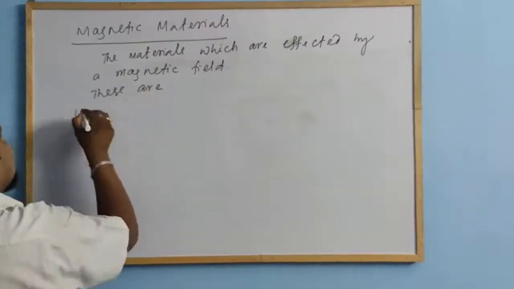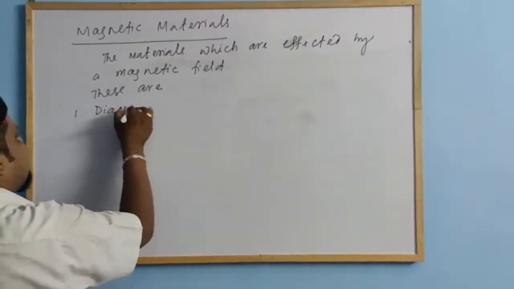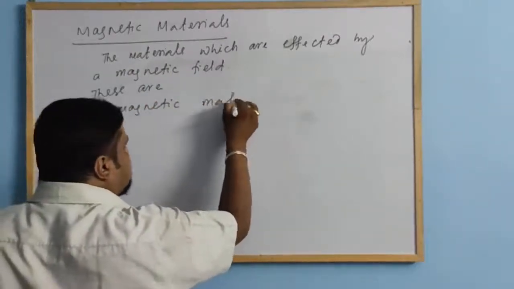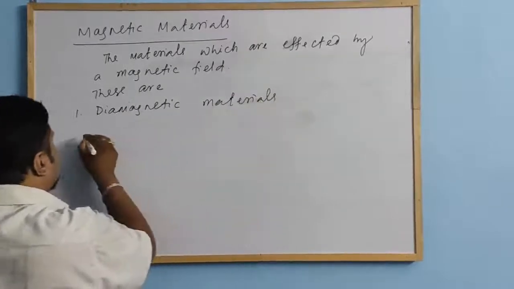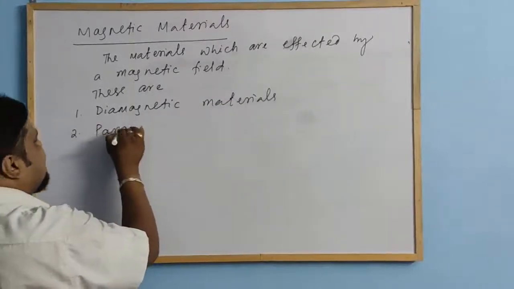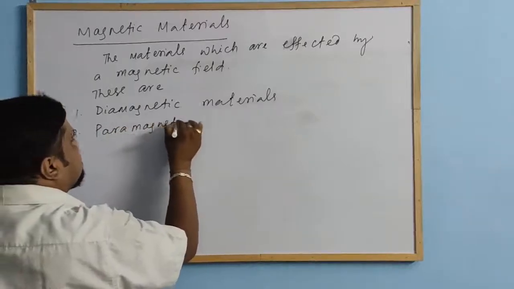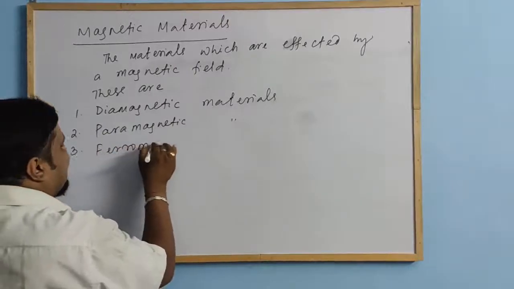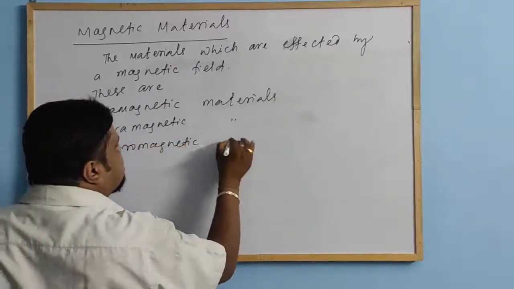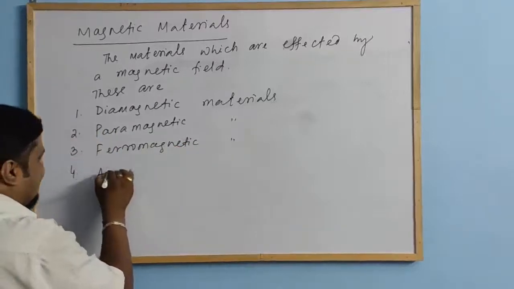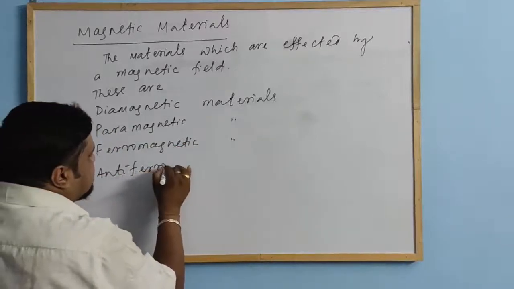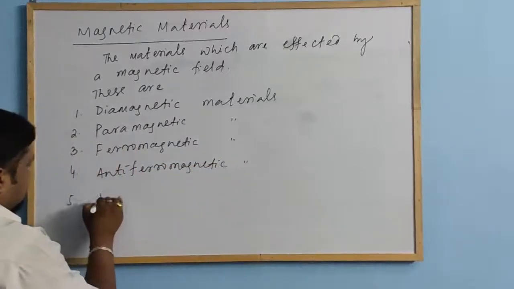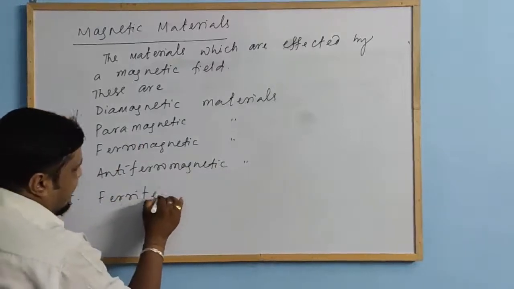5 categories. One is diamagnetic materials, paramagnetic materials, ferromagnetic materials, antiferromagnetic materials, and the last one is ferrites.